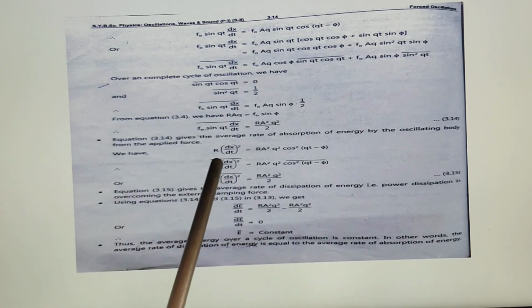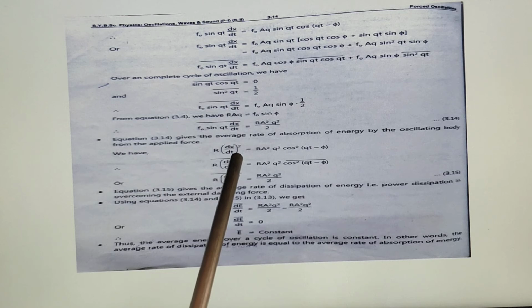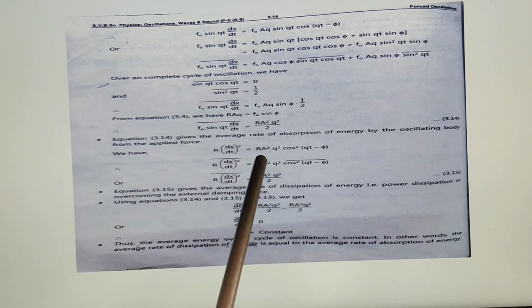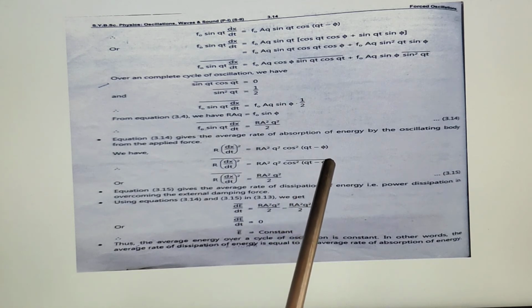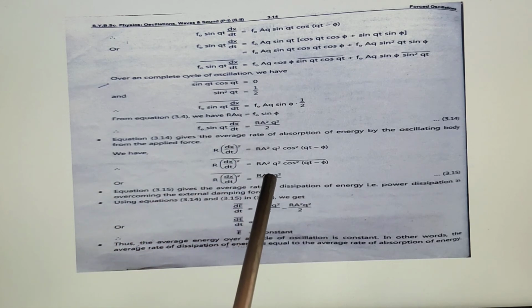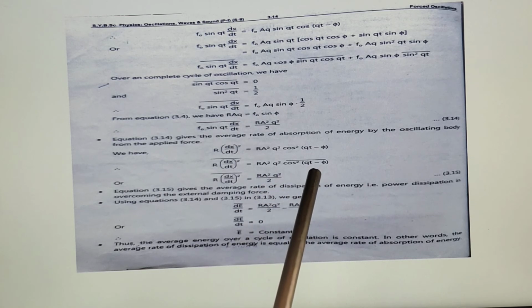Okay. Then next we will calculate. We take the next term, r (dx by dt) bracket square equal to r a square q square cos square(qt minus phi), by substituting the value of dx by dt and then squaring. Right, so r (dx by dt) bracket square average equal to r a square q square cos square(qt minus phi) average.